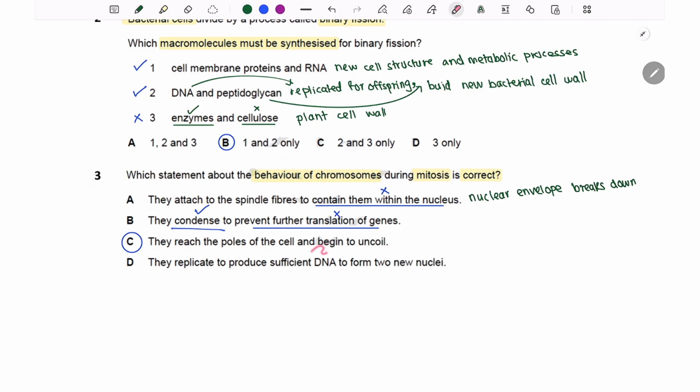This will happen during telophase, when chromosomes reach the opposite poles and revert to their chromatin state. Now, why is D not our option? Because they replicate to produce sufficient DNA to form 2 new nuclei. Replication is not going to happen here. They don't replicate here because DNA replication is during interphase.